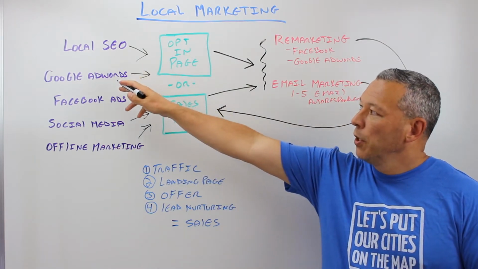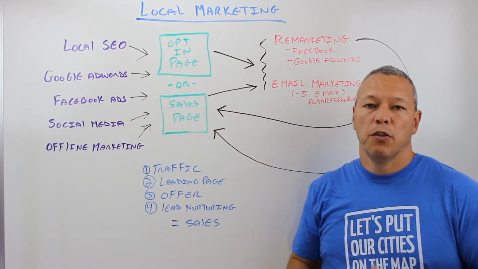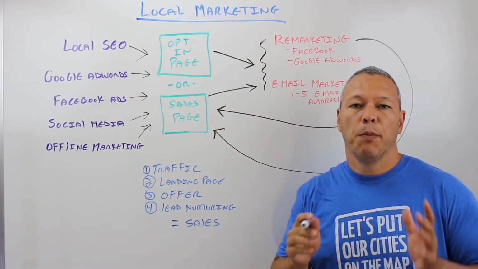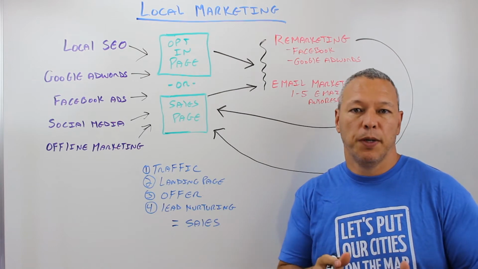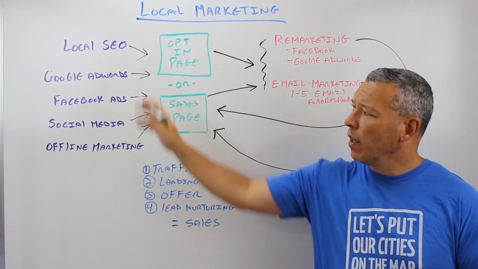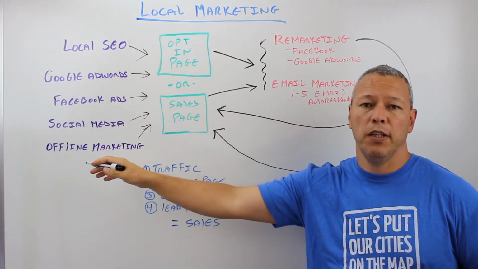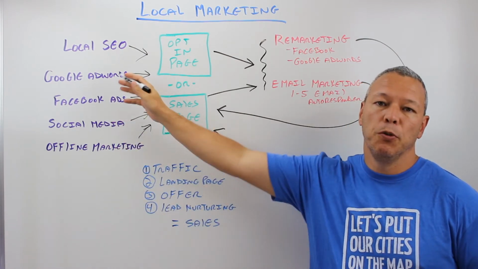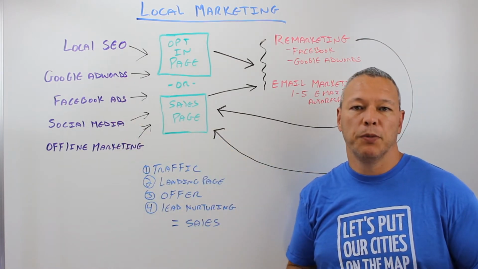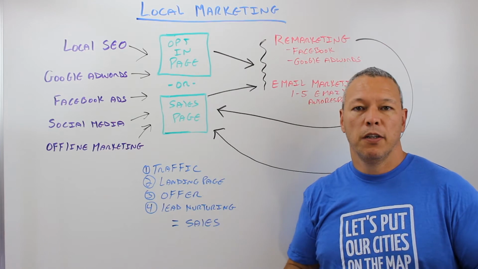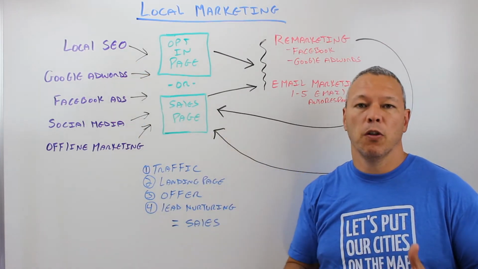So the first thing we're going to talk about is traffic, okay? Now, depending on your business, your skill set, experience, your market, you're probably not going to do all of these, but you may do some. So you may do local SEO, where you're optimizing your website, creating a lot of content on your site to attract your ideal local customer.